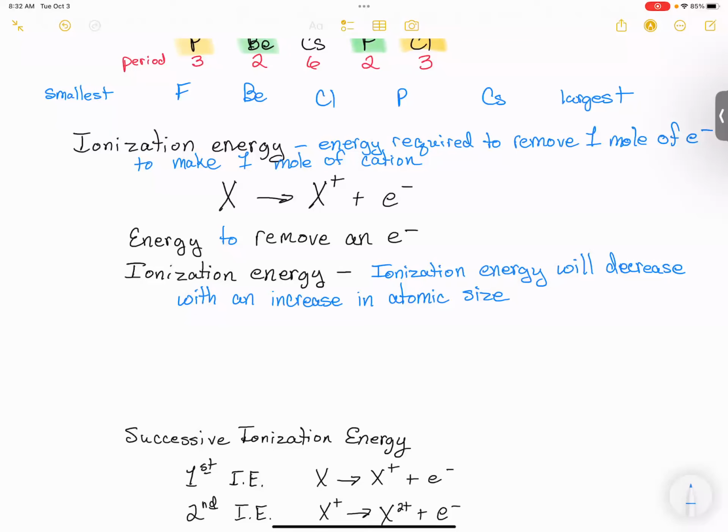And so those electrons are much easier to pop off and go running around. That's all ionization energy is. It's the energy for an electron to pop off and go running around. The bigger the atom, the easier it's going to be.